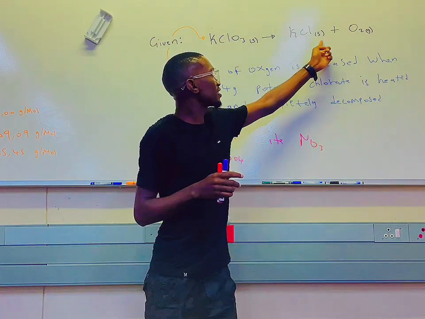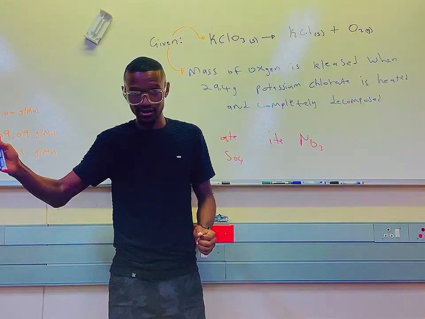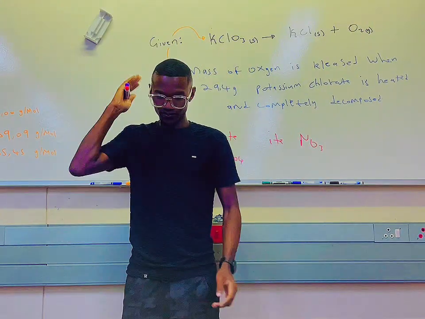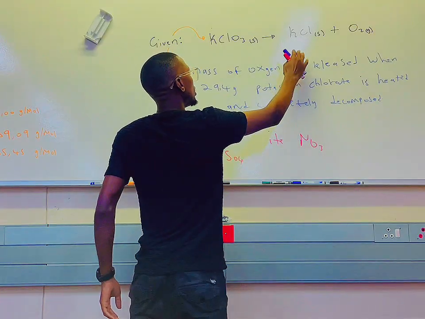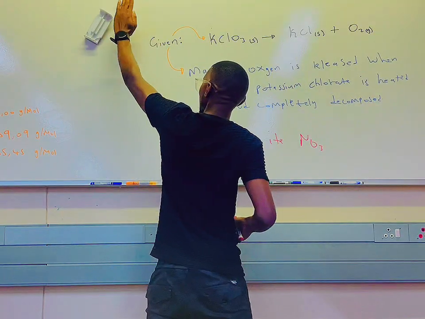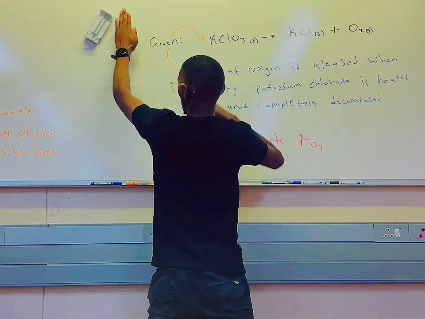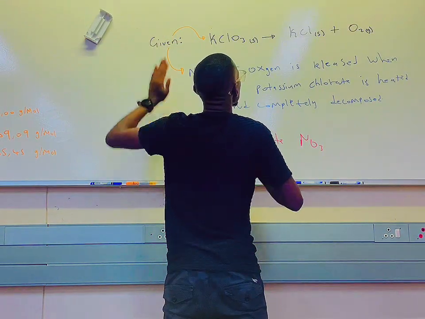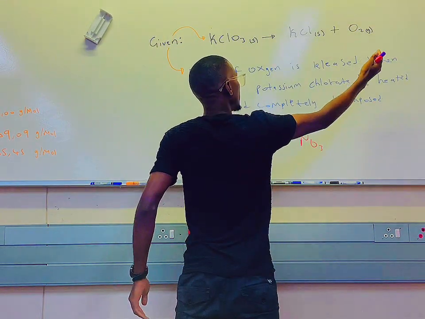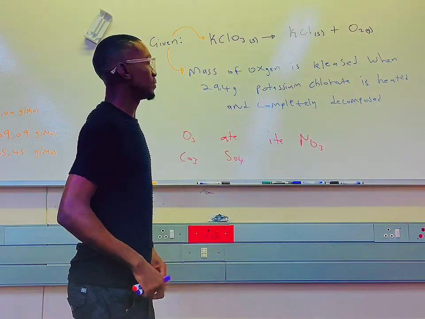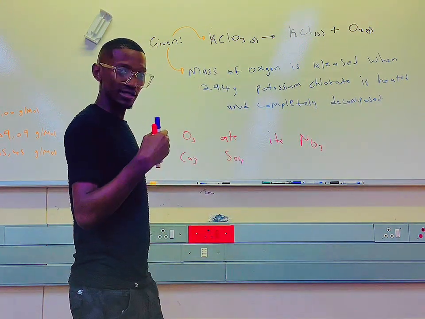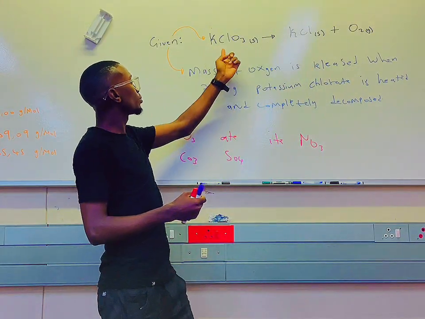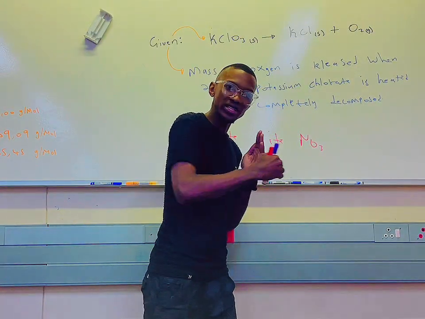If you see your reactants on this side, using my hands, my left hand side, and your products on the right, then you should know that is a synthesis reaction, or forming reaction.